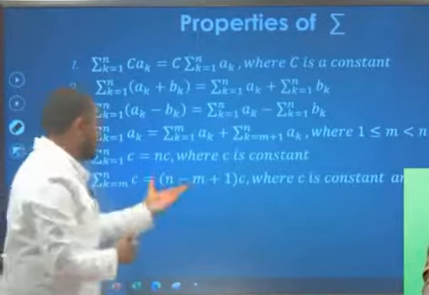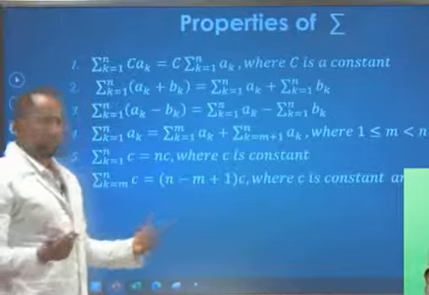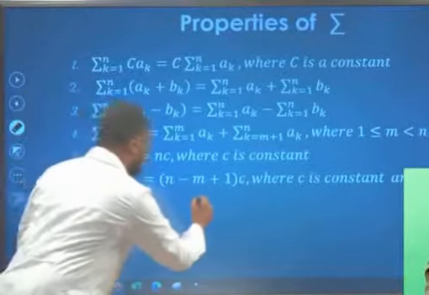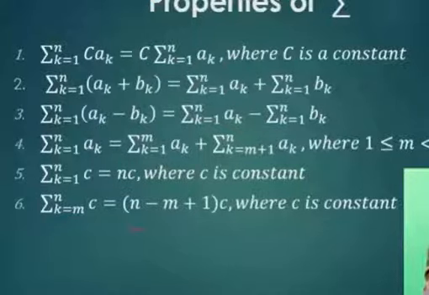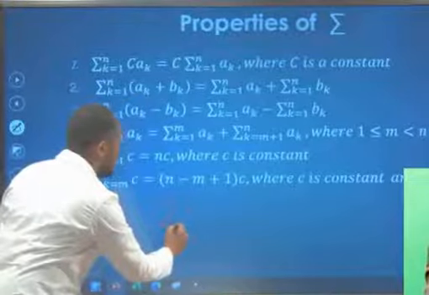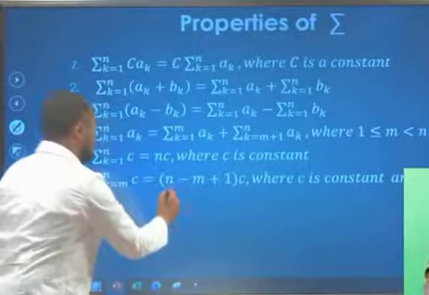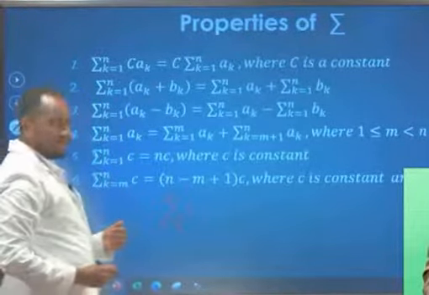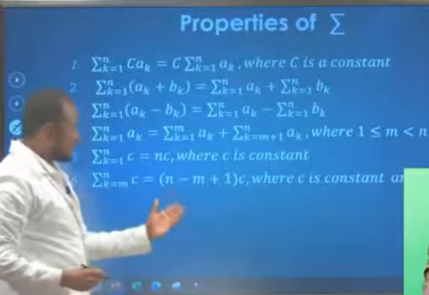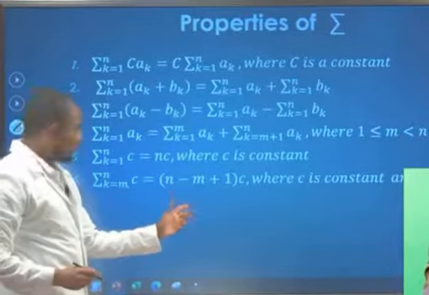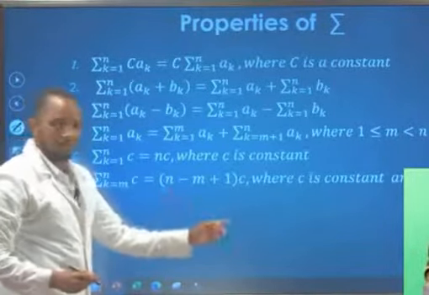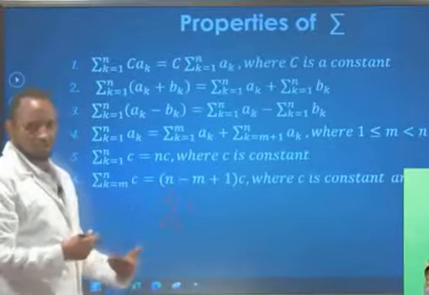Let me show you this through an example. Let's take the summation of c where K starts from 2 up to 5. This means we add terms starting from the second term up to the fifth term. The first term is excluded.